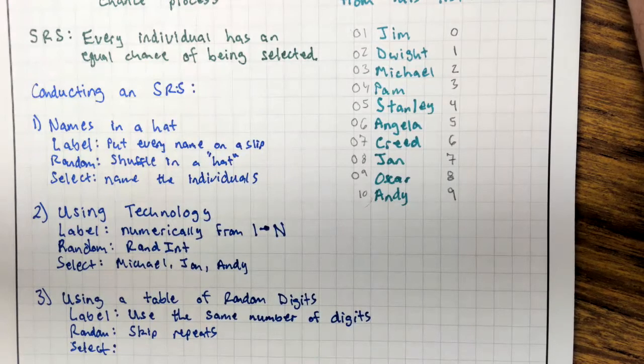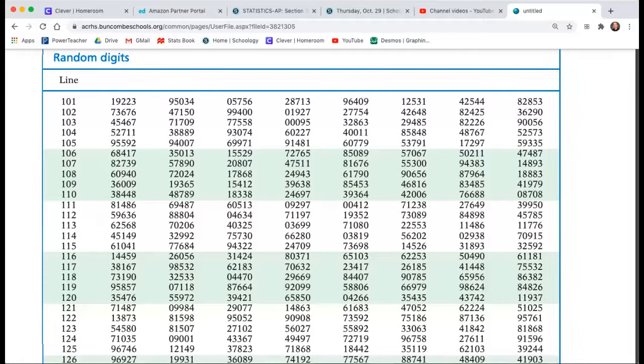Let me go there real quick and show you what the table of random digits looks like. So this is it. The lines are not a part of the actual table. That just gives you a reference point on where to start. If I was giving you a homework assignment, I might tell you to start on 112 before you start making your selections. So let's just start off on the first line, line 101.